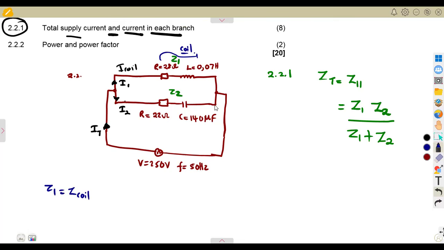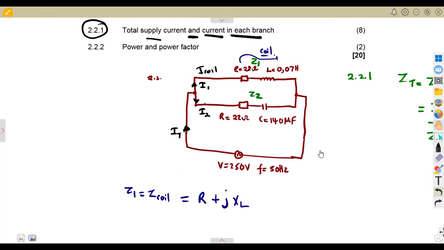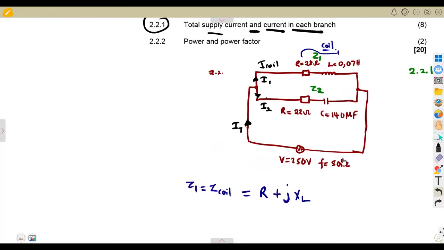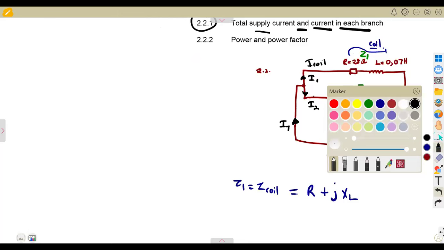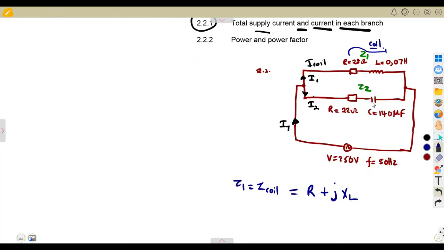This is the impedance of the coil. As we know, we are going to need this impedance in rectangular form, so that is going to be R plus, it's an inductance, so plus JXL. We are forced to calculate the XL and XC. All right, so let us calculate our XL and XC aside here. These are the stages where you'll be forced to calculate all of these.